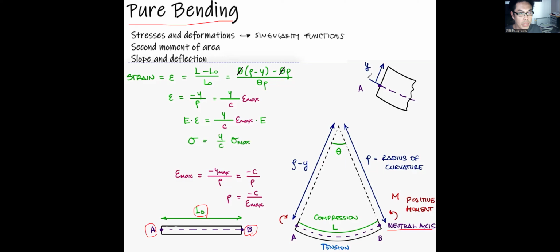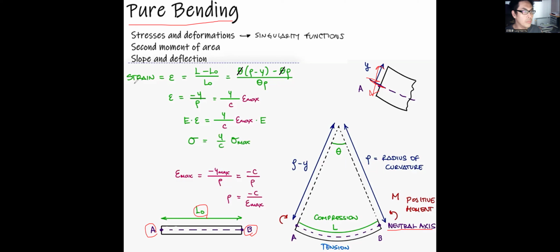Y is above the neutral axis. Of course, you can define it as below. It's either way. Depends on whether you're gonna figure out the strength on the top surface or bottom surface, or you're gonna figure out the strength above the neutral axis or below that.